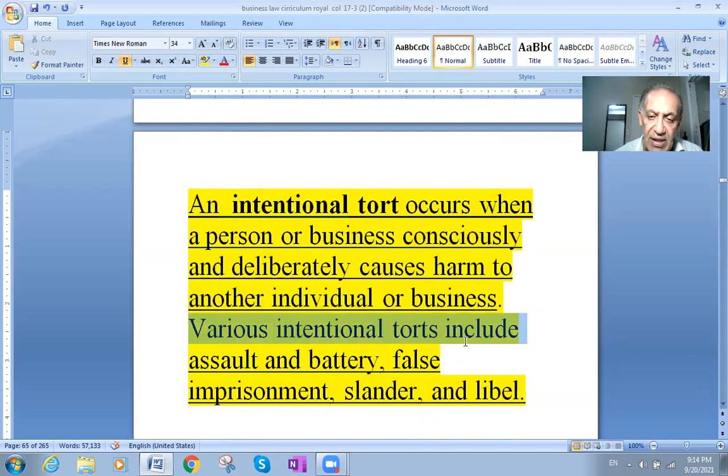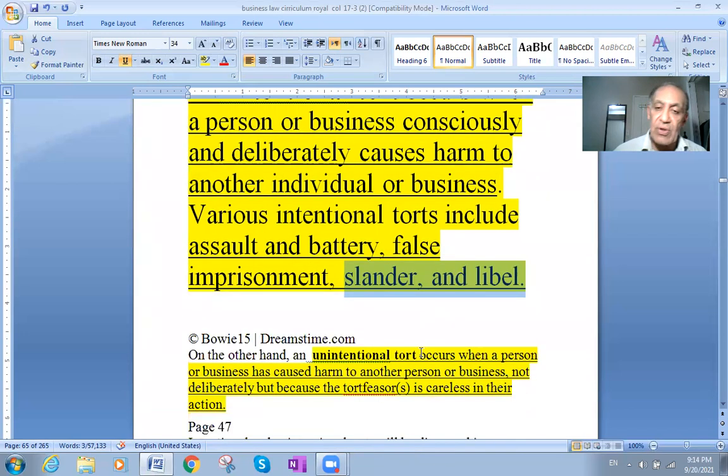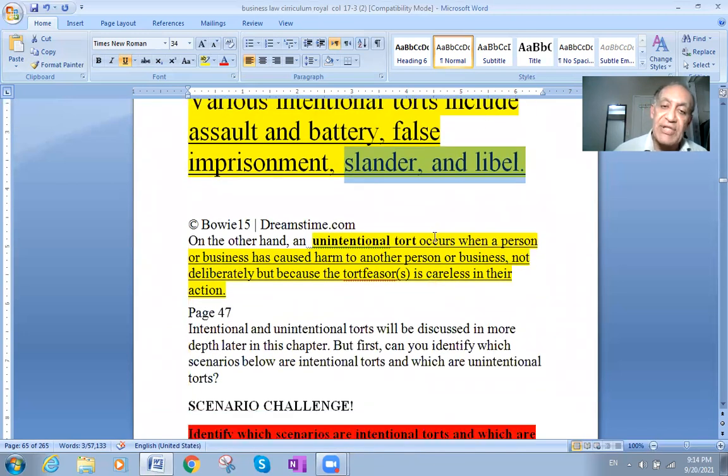Various intentional torts include assault and battery, false imprisonment, and slander and libel. That is defamation: trying to damage someone's reputation. He has a good reputation, but you are saying bad words about him. All this is intentional.